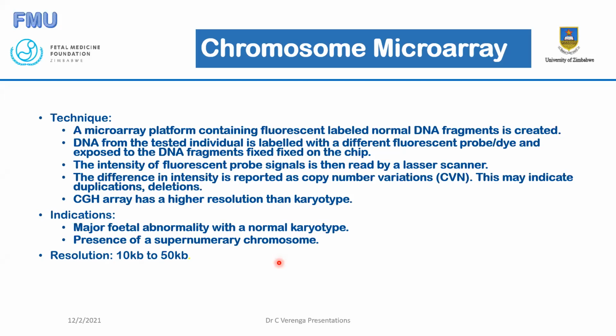In the study which I showed you, it is now proven that chromosome microarray will pick up additional chromosomal abnormalities which would have been missed by conventional karyotype, because conventional karyotype has a lower resolution than a microarray. The microarray resolution is between 10 kilobase and 50 kilobase, which compares much better than the 5 to 10 megabase which we get with a conventional karyotype.